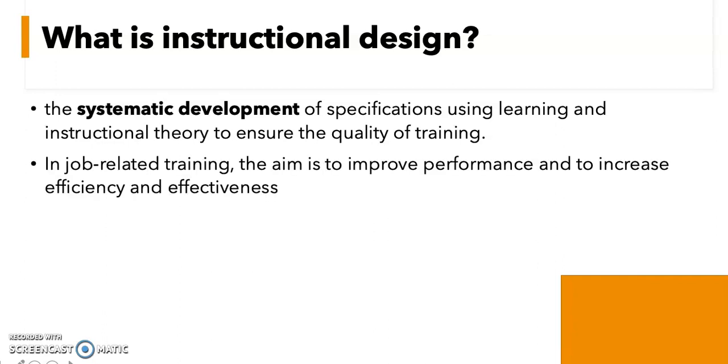So in job-related training, the aim of instructional design is to improve performance and to increase efficiency and effectiveness. And I believe that this also applies to other contexts, such as human development and family studies, wherein your goal really is to pick up a particular need of an individual, then address this particular need or concern using the e-learning platform or the e-intervention platform that you will be designing.